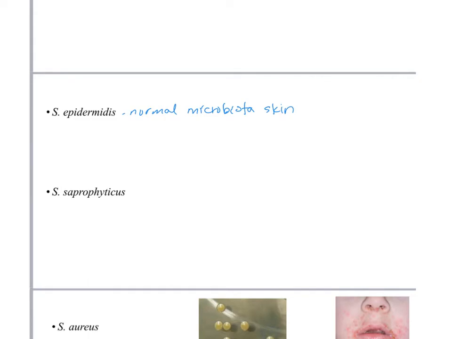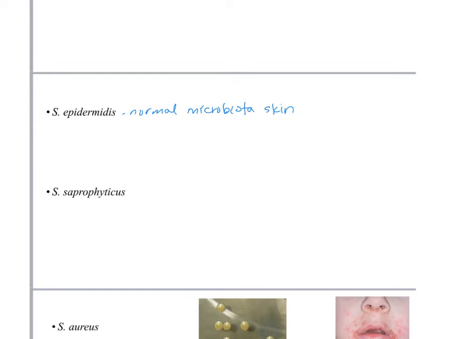If Staph epidermidis gets somewhere that it doesn't belong, then yeah, it can cause some more serious infections like heart valve infections, endocarditis, but that's very rare and typically only if there's some kind of surgery or wound.